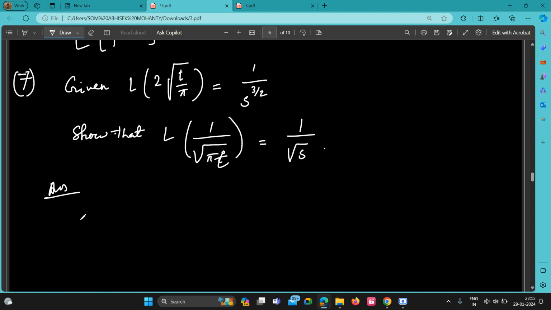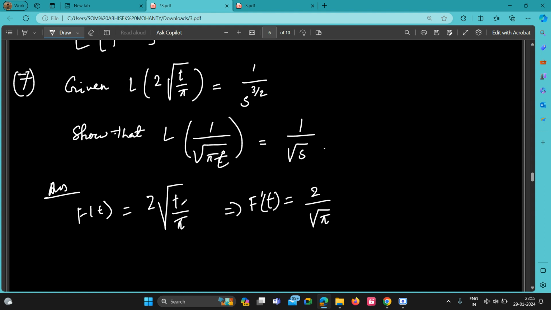Answer. So f of t is equal to 2 root over of t by pi. So f dash t is how much? It is 2 by root pi times the derivative of root t, which is 1 by 2 root t.